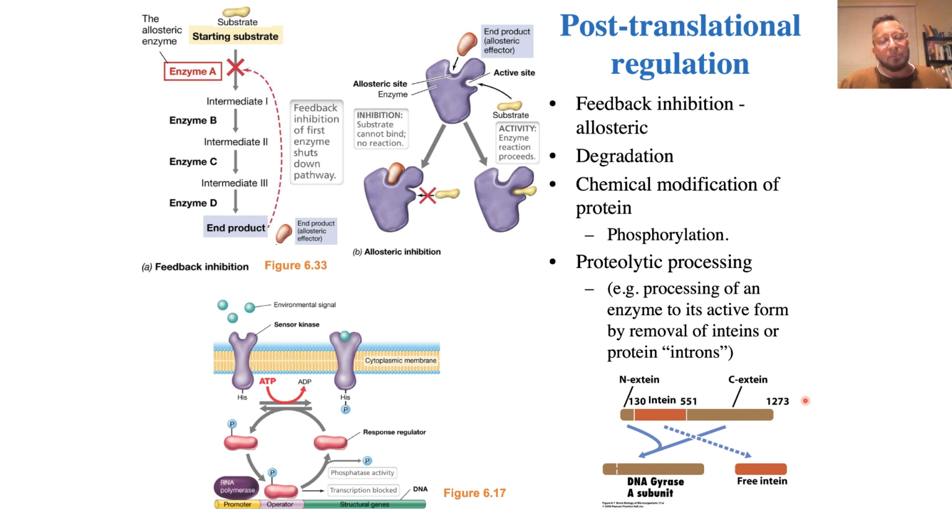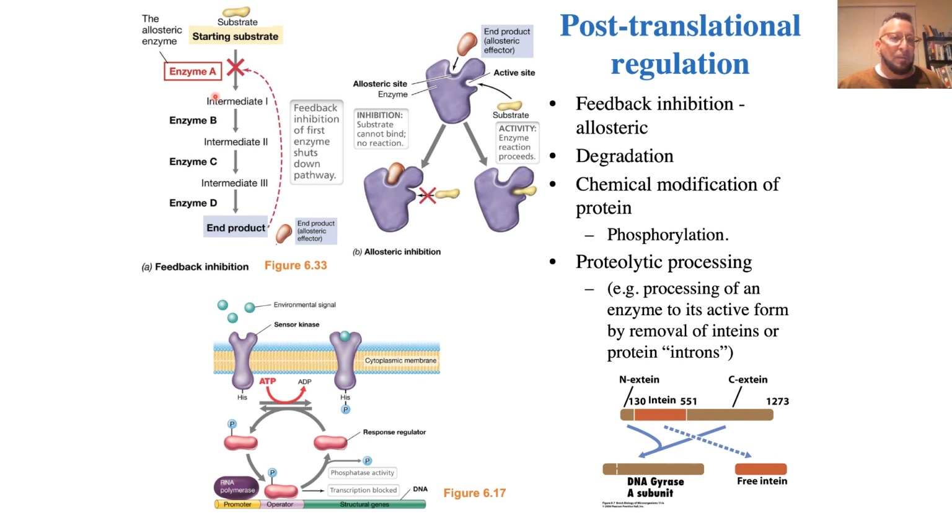Let's illustrate one of the ways in which proteins can be controlled by post-translational regulation. We can think of a biochemical pathway where we have a starting substrate shown over here at the upper left, and that starting substrate is catalyzed by enzyme A into intermediate 1.